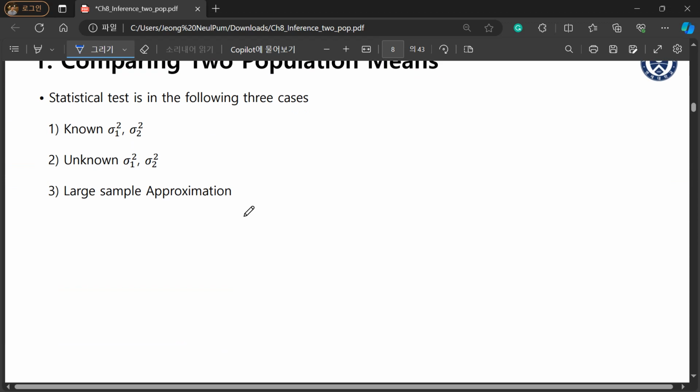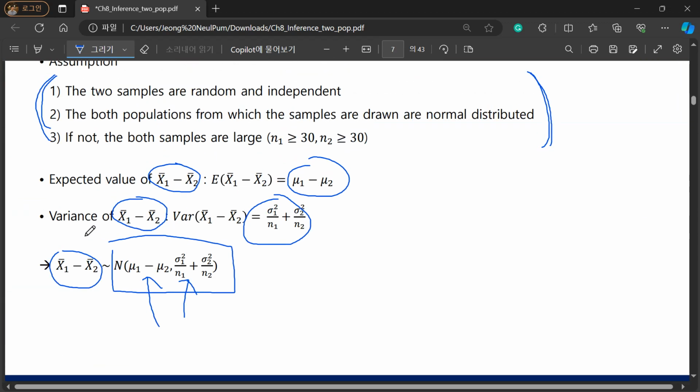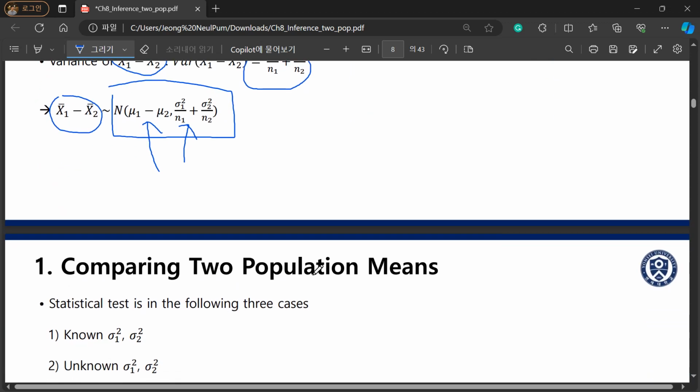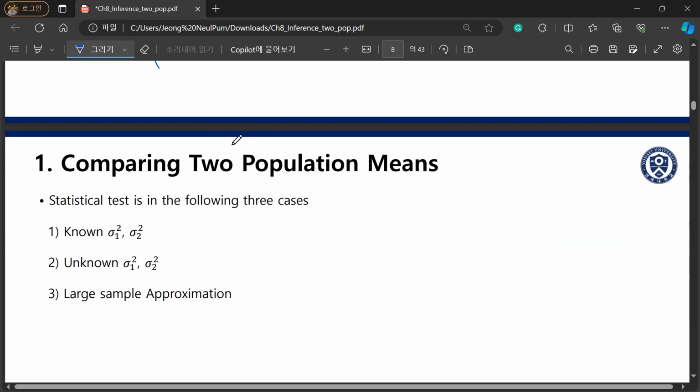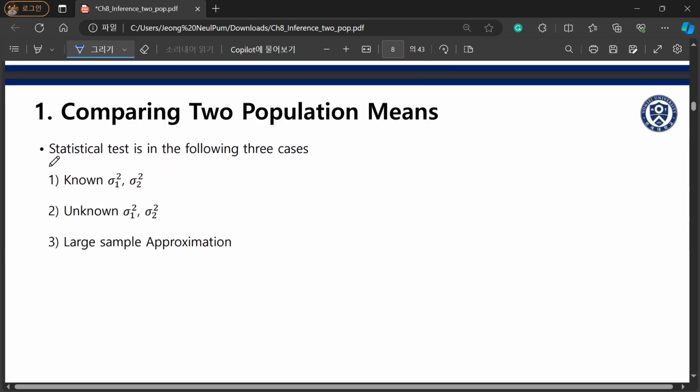Sorry. So we can still use this normal distribution, which means that we can make our confidence interval or hypothesis testing based on the population mean. So there are still three cases, even though we are dealing with two population means.